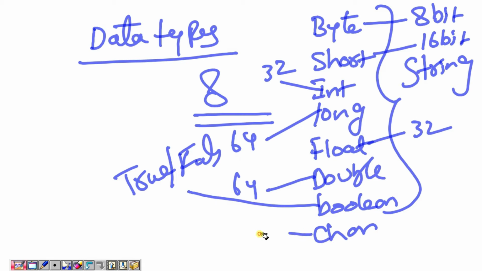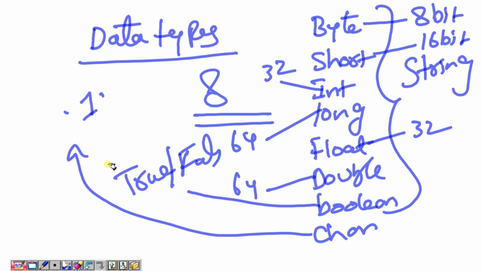Char, any single character you can store: a special character, an alphabet, or numeric, whatever it may be, but a single character. So these we are calling data types.